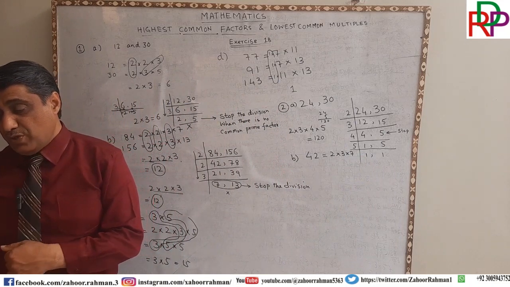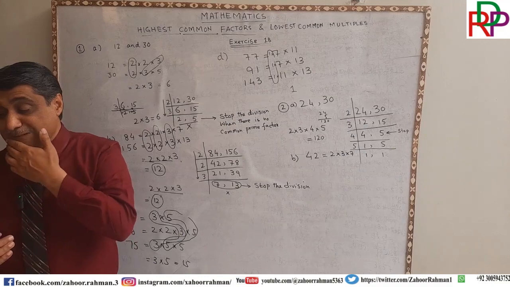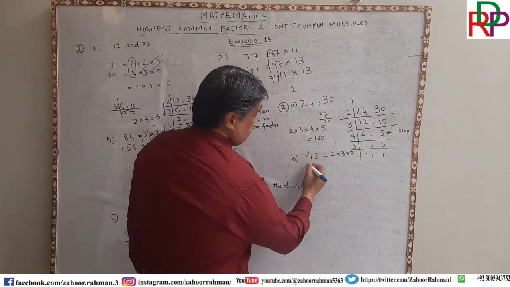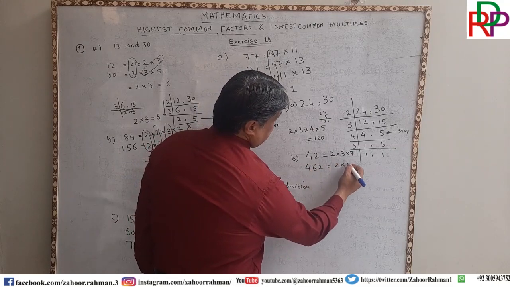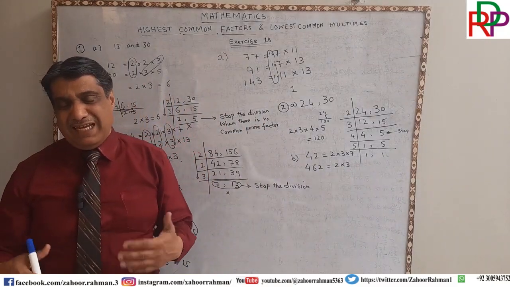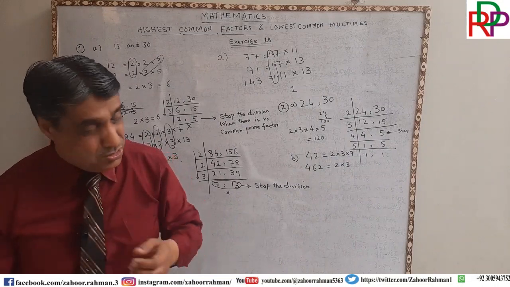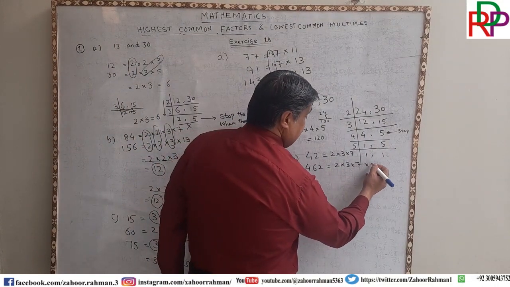And the next one is given as 462. So 462 is 2 into 3 and 7 and 11.